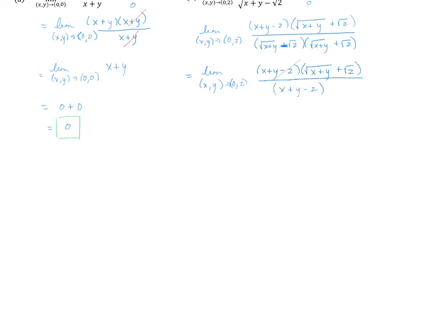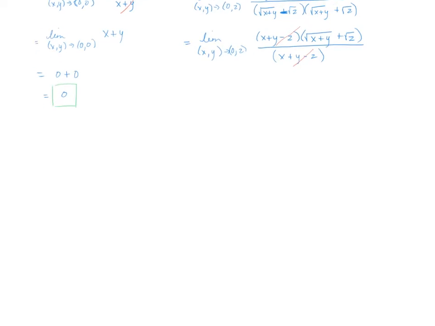So now I notice this common factor can cancel when I rewrite my limit. And I have to do this. I can't just simply say what the limit is from looking at it right now. I have to rewrite this: square root of x plus y plus square root of 2.